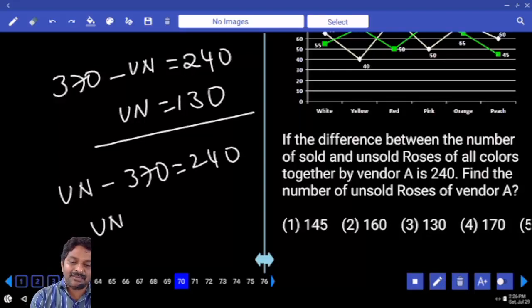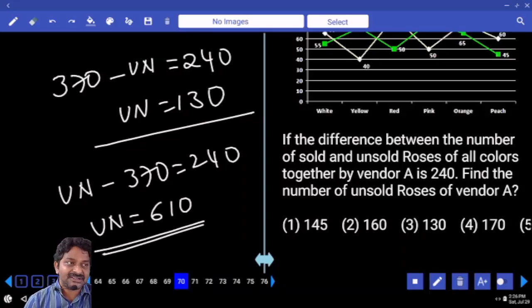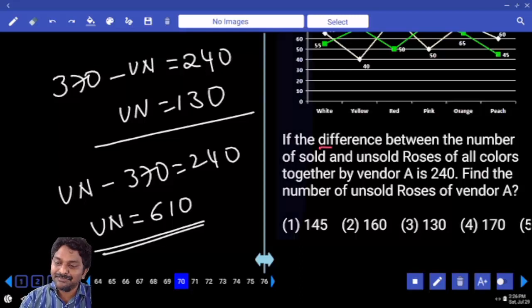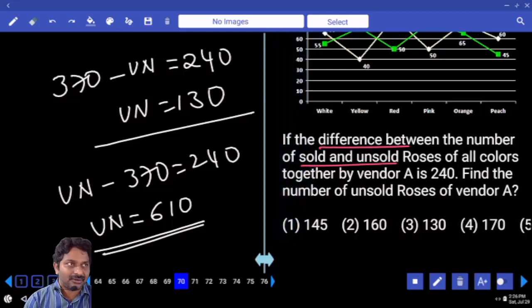Then unsold may be equal to 610. This possibility is also there. In this question, if cannot be determined were an option, answer goes to cannot be determined. Because this simply is a difference between sold and unsold only. It may be A minus B or B minus A. Since 130 is there, the answer goes to 130.